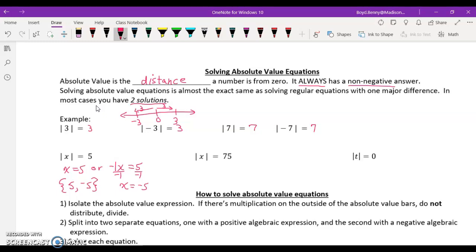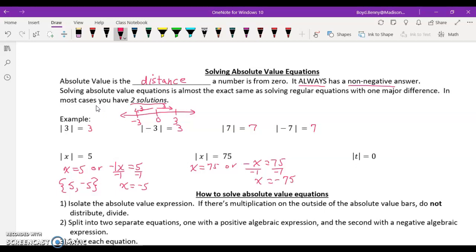Likewise, the absolute value of x equals 75. So x could be 75, or the opposite of x would be 75. Again, we'll divide by -1 here, and so x could also be -75.